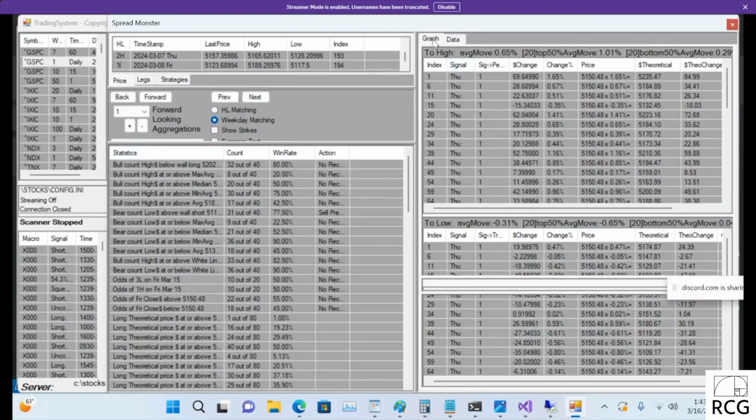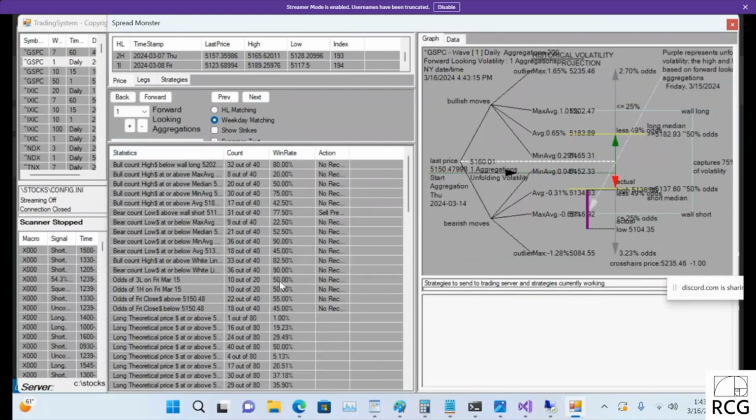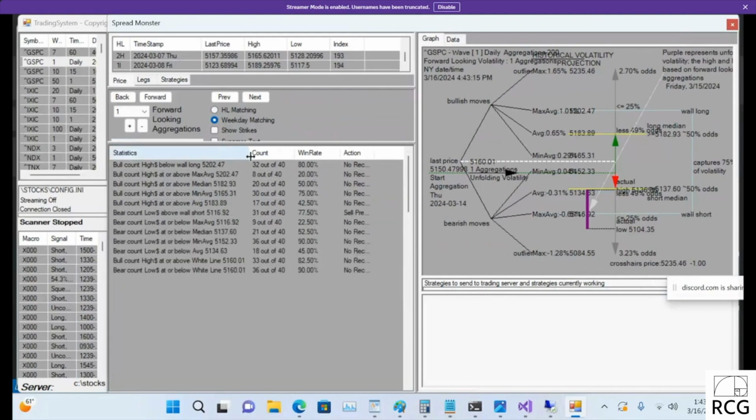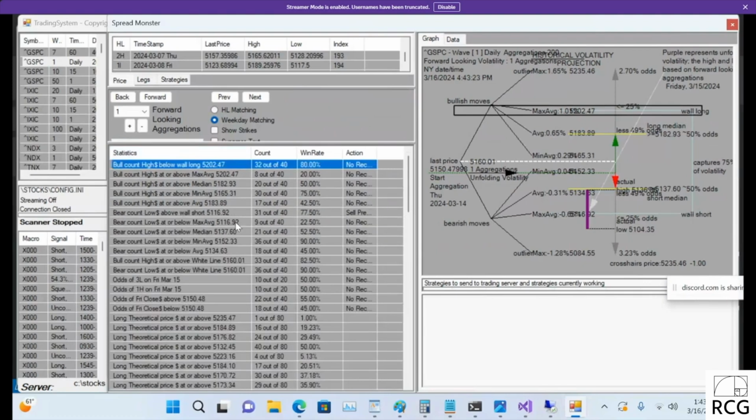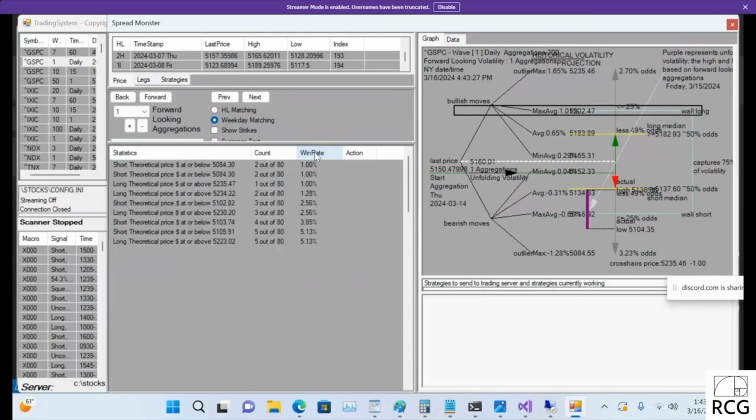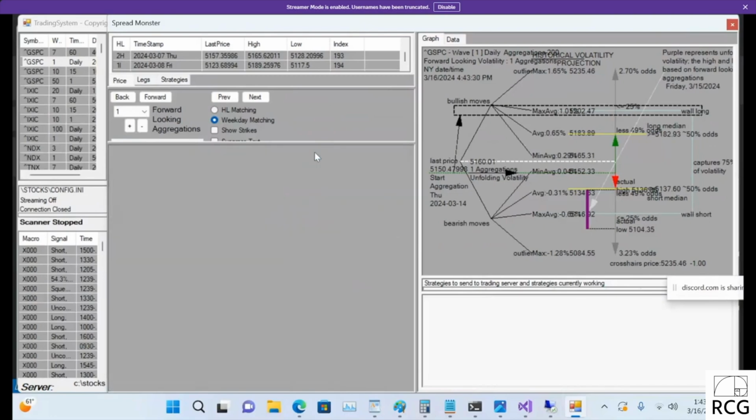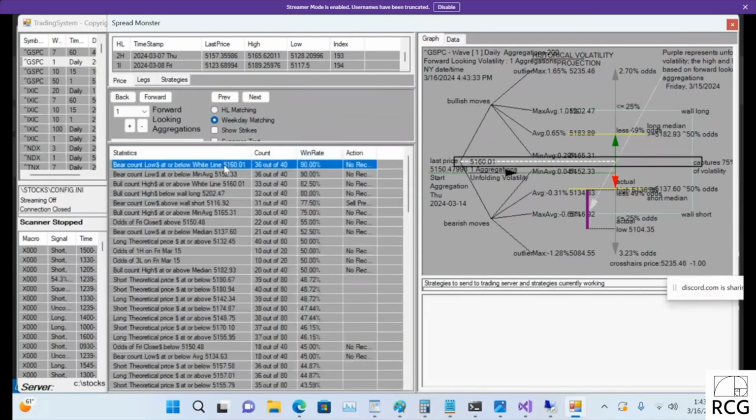Underneath the data, it quantifies what's happening here. So we can see our hit rate. It says 90% of the time our low price is below the white line of 51.6.